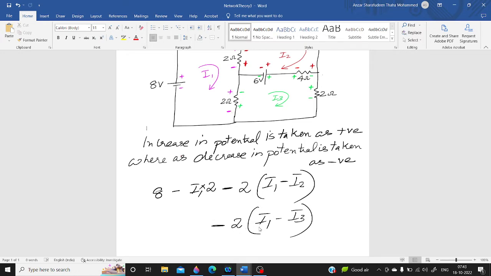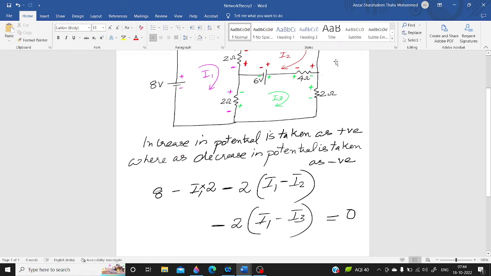So minus 2 into I1 minus I3, and this is equal to 0. So 8 minus 2I1 minus 2 into I1 minus I2 minus 2 into I1 minus I3 is equal to 0.